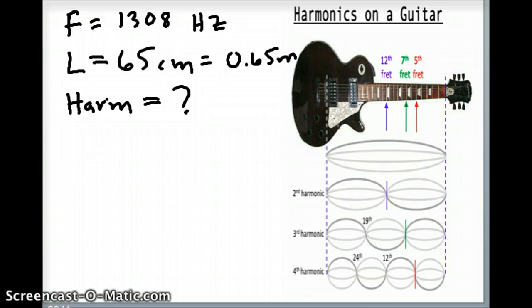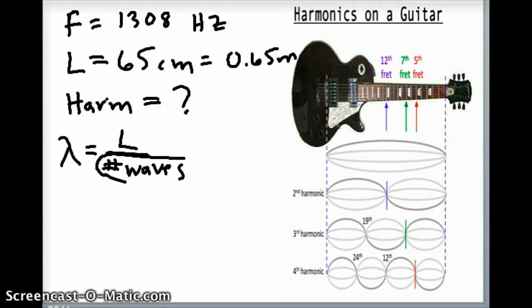Okay, so if we continue with this, one of the things that we can figure out is that the wavelength is equal to the length of the guitar divided by the number of waves. Remember, the number of waves will tell us the harmonic.